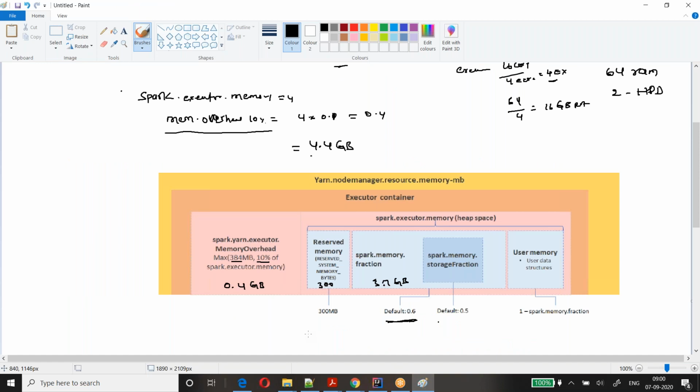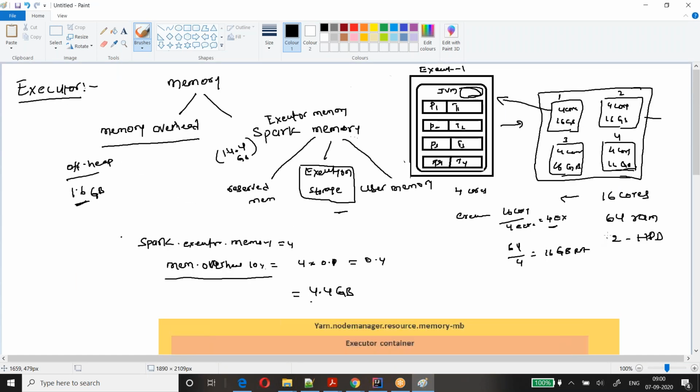Guys, one more thing: in a worker node with 64 GB RAM, don't assume that all 64 GB will be used for your Spark application. No, all 64 GB cannot be allocated to Spark. And if you have 16 cores, don't assume that all 16 cores will be allocated to Spark. One core is allocated for Yarn because Yarn also runs some resources in the background.